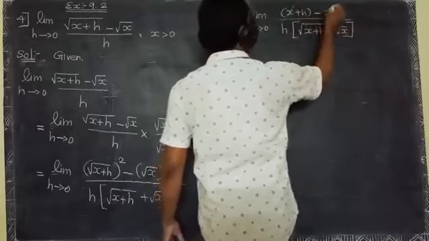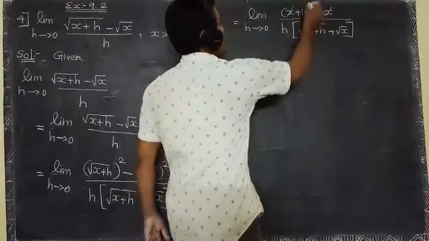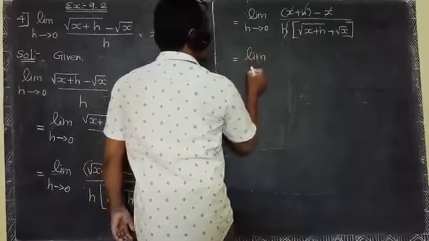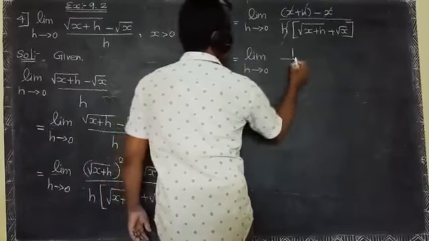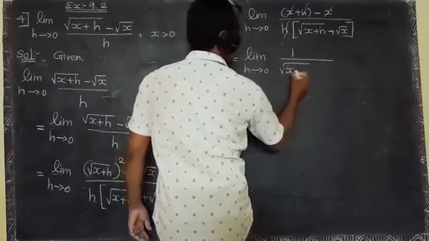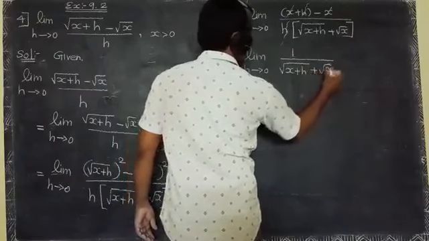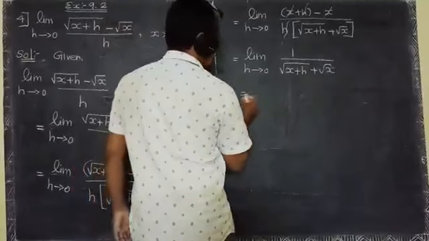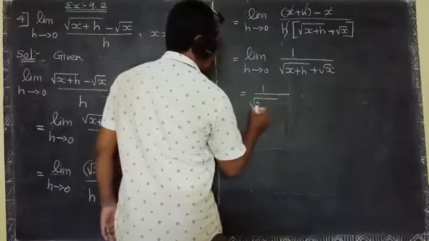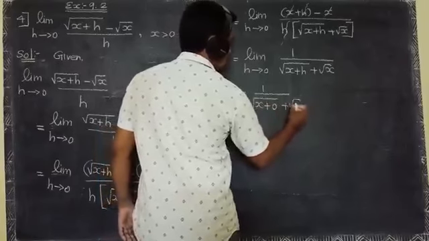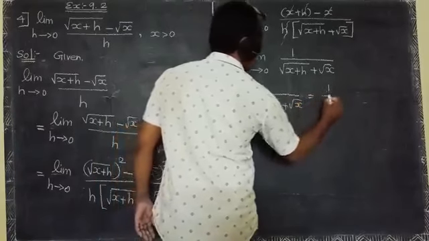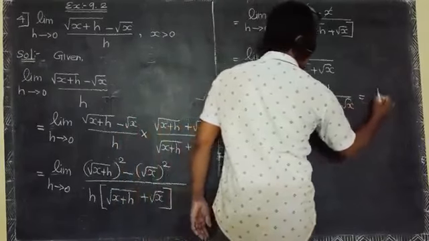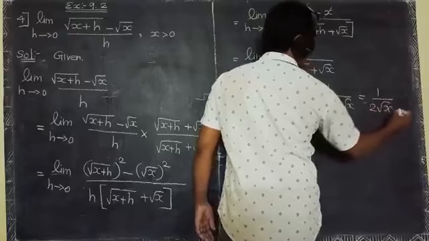Here plus x minus x are cancelled, then h is cancelled, and the remaining is limit h approaches 0, 1 divided by square root of x plus h plus square root of x. Replacing h equal to 0 in the function, that is 1 divided by square root of x plus 0 plus square root of x, which is 1 divided by square root of x plus square root of x, equal to 1 divided by 2 times the square root of x.